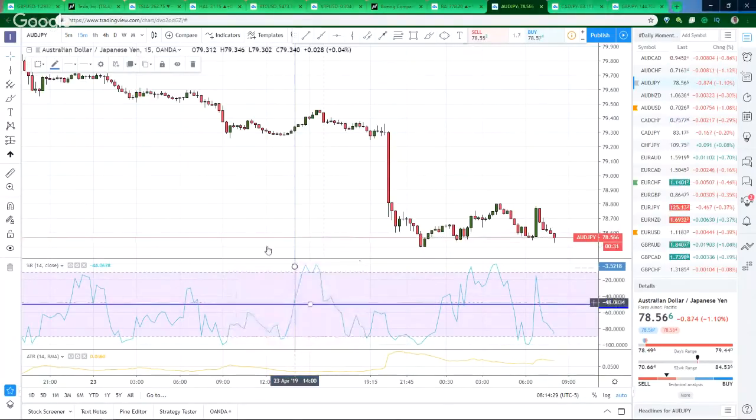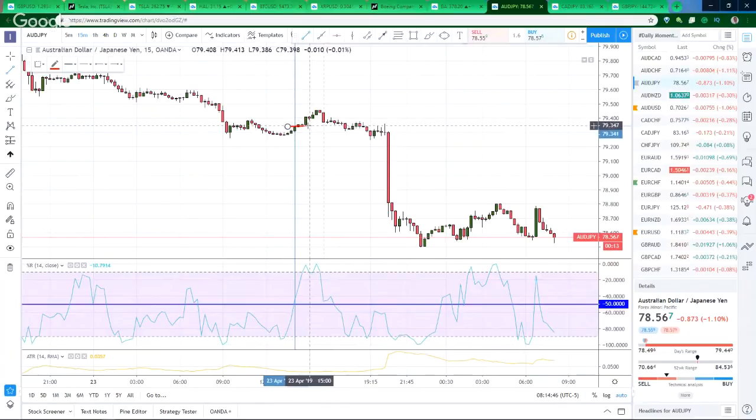Okay, so our entry is going to be long because price is moving from oversold up across the line. So we're going to go long right at the close of this candle. This is a bullish candle, so the close is the top of the body.